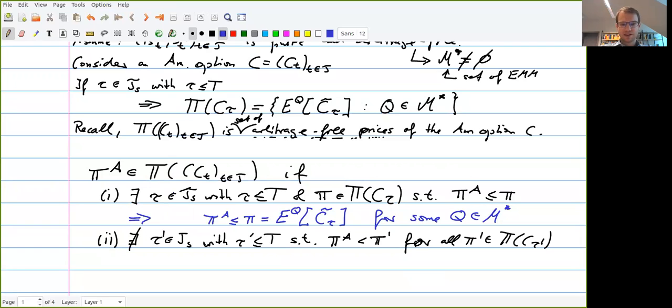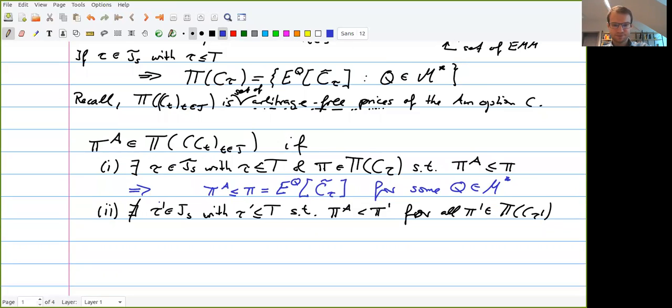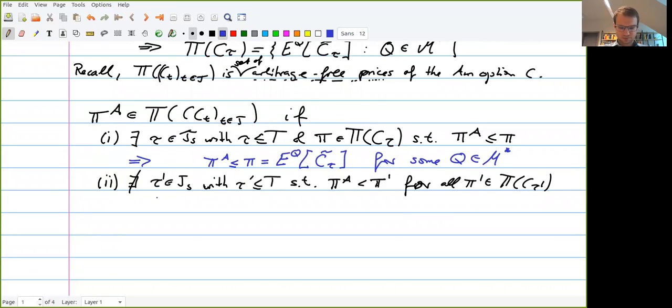Okay. So what does this imply? This means that if I look at the price of the American option, this should be always bigger than the minimal price, which is still arbitrage free, of the European counterpart.